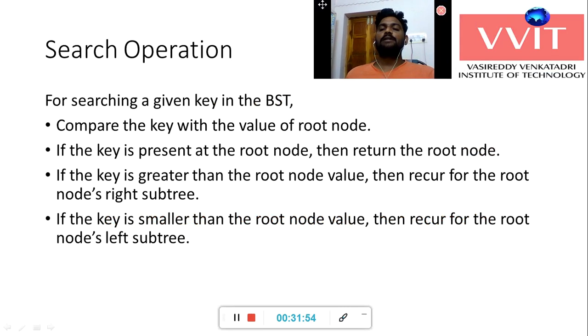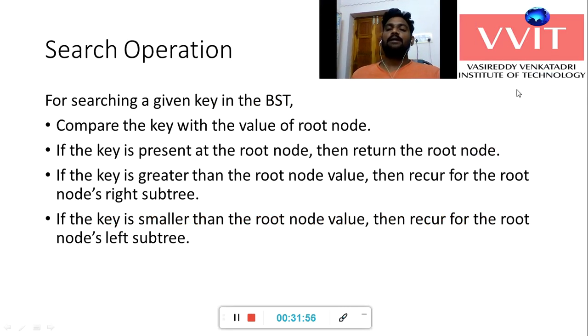What is search? Search is a process to find whether a node value is present in the binary search tree or not. How to search? First, the given search node value is stored in one variable called key. Here the key means the searching element, that means the searching node element.